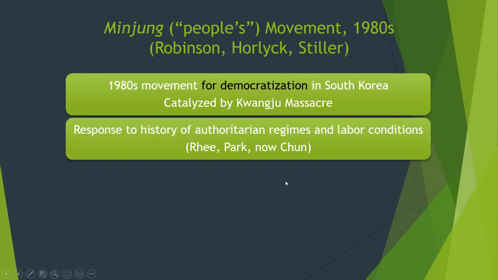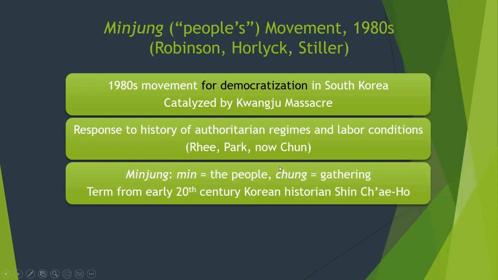It's a response to these authoritarian regimes and the labor conditions brought about by the Park Chung-hee era. And I just want to comment on this really quick because students tend to get really interested in what the word actually means. Min just means the people or people generally, and Jung means gathering in this case. So people translate it as the common people, as the masses, as the people, as Korean people. You hear that too.